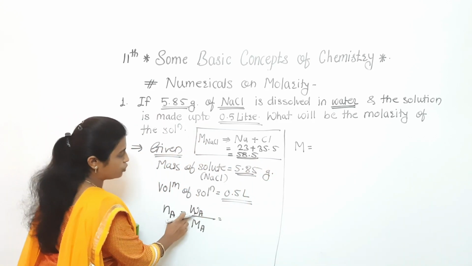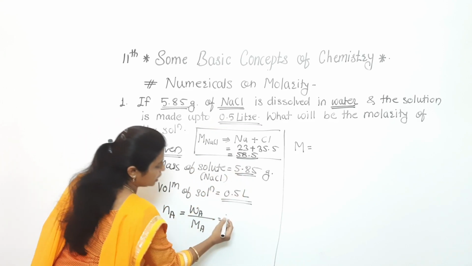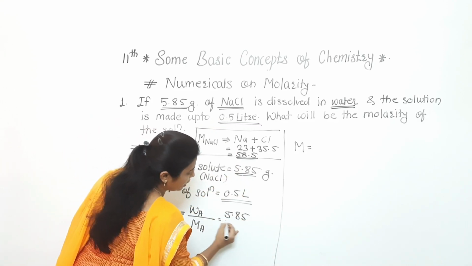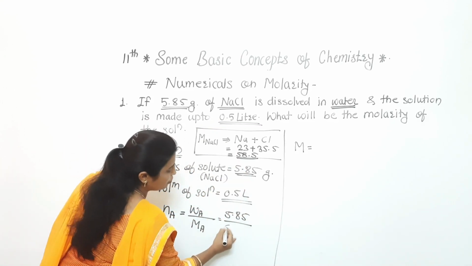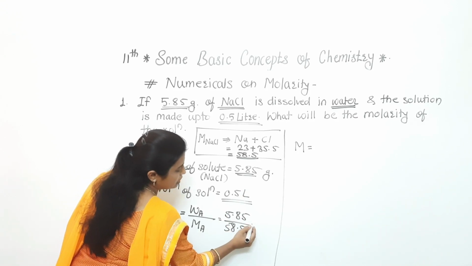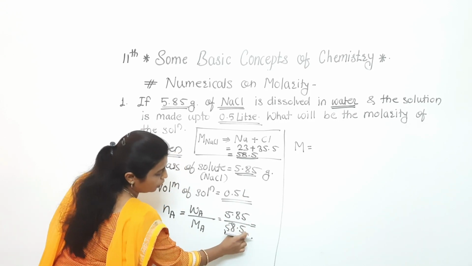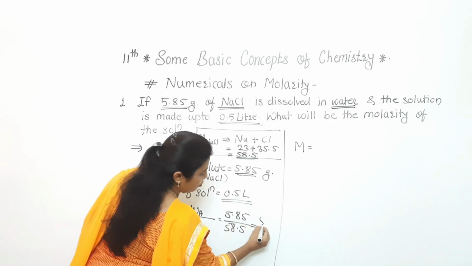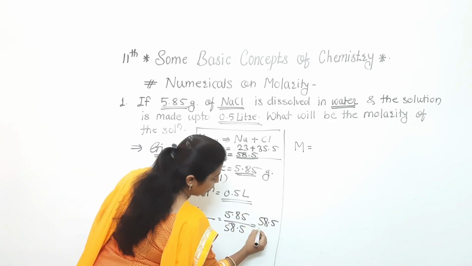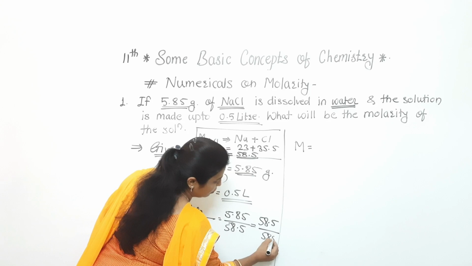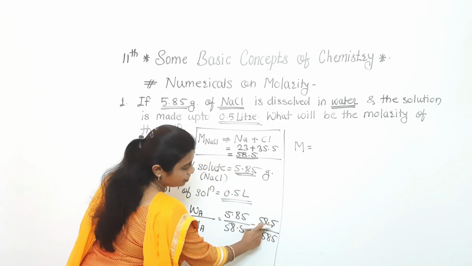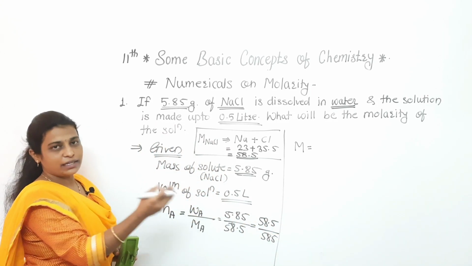So n_A is equal to W_A, which is 5.85, divided by the molar mass, 58.5. Now if I shift one decimal, it becomes 58.5 divided by 585. I want to shift the decimal in the denominator to the right as well.